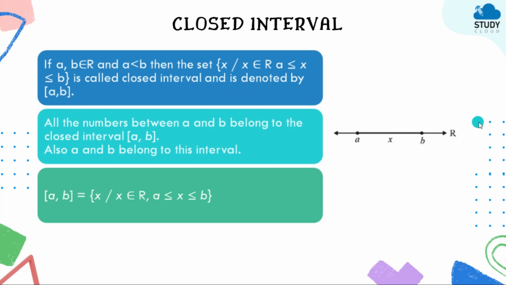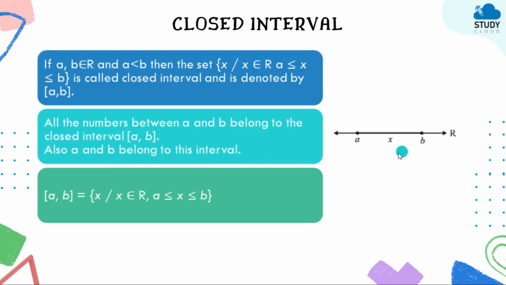Now if you see this part, A and B will come when you talk about X. So here A will also be there, X will also be there, and B will also be there. So all the numbers between A and B belong to closed interval [A, B]. Also A and B belong to this interval.